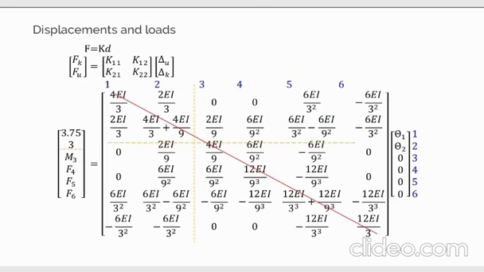After that, collect your matrix. This is the force matrix, this is the K matrix, and this is the D matrix. The matrix is actually easy, you just need to spend your time to collect K1 and K2.